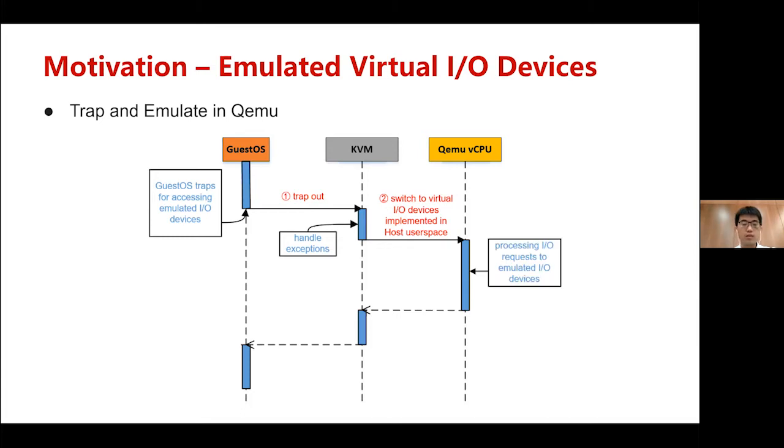Then, QEMU threads process the I/O request and return the processing results. Context will switch back to KVM. KVM further returns back to the guest through switching context. Finally, the guest resumes. As we can see from the whole procedure, costly context switches between host and guest exist and are unavoidable in current software and hardware architecture.